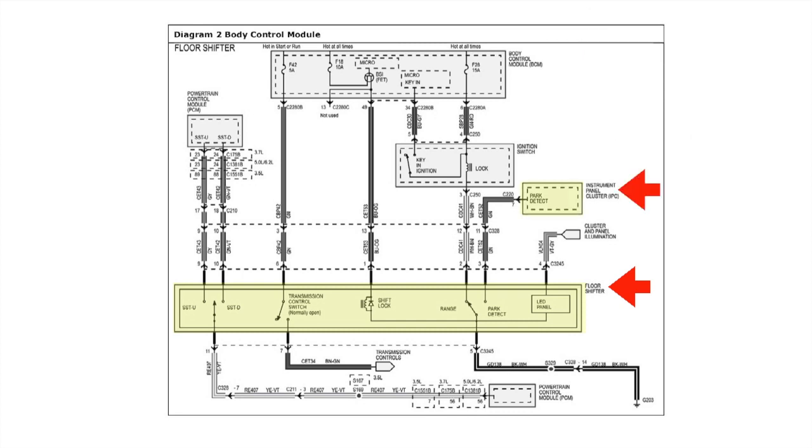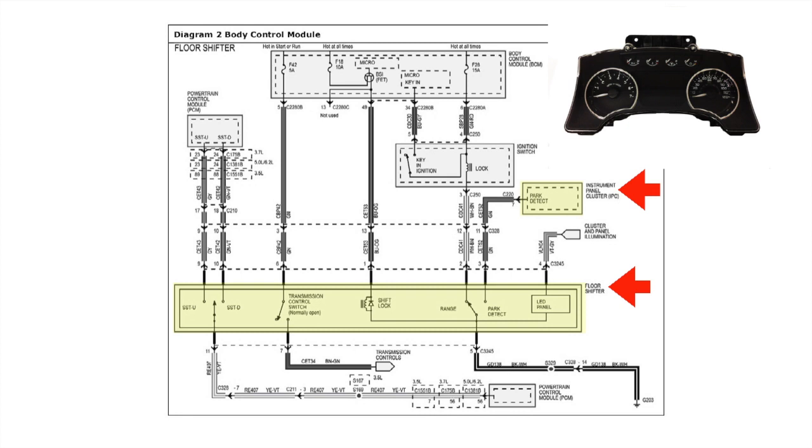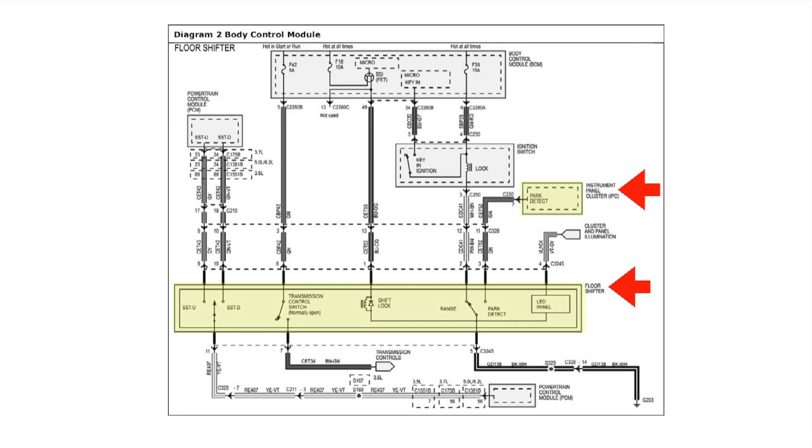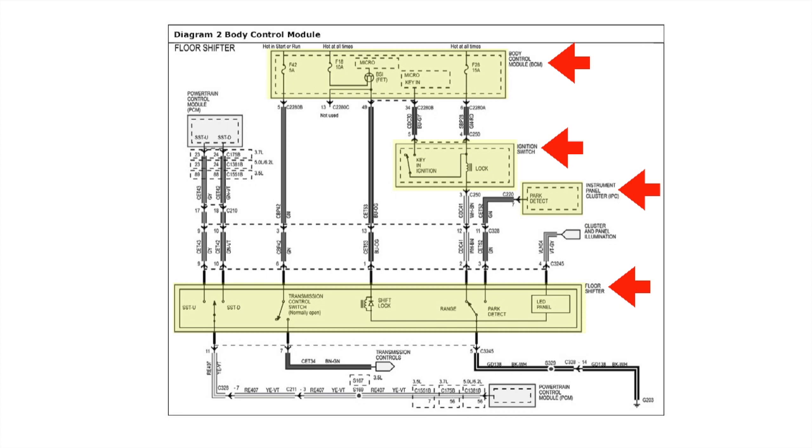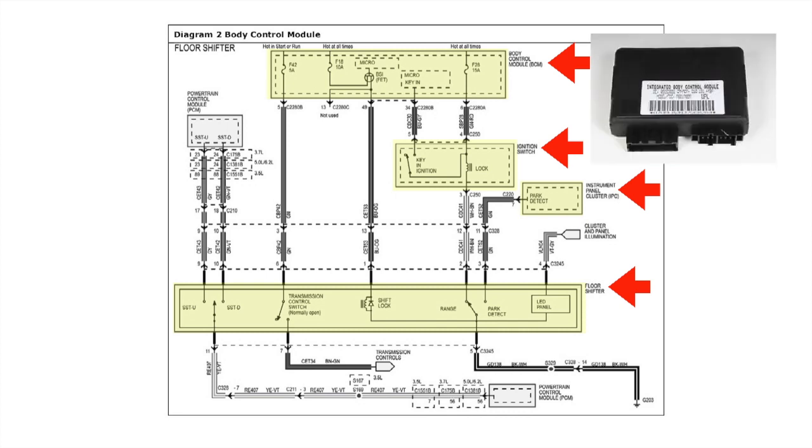It too is a dotted box inside the solid box, and the solid box means that it is a complete unit, and the dotted box inside that solid box means that there are more items inside the instrument panel cluster than just the park detect, but the park detect is definitely inside it as well. We have the ignition switch, the same arrangement, a complete unit with the load inside it. And finally the BCM, also a complete unit with multiple items inside.